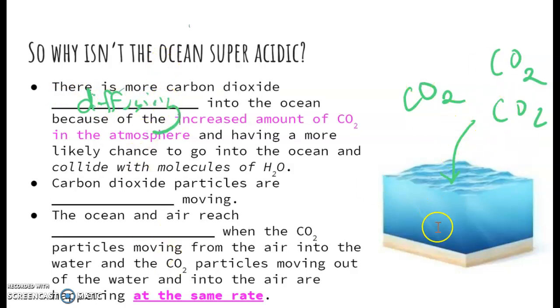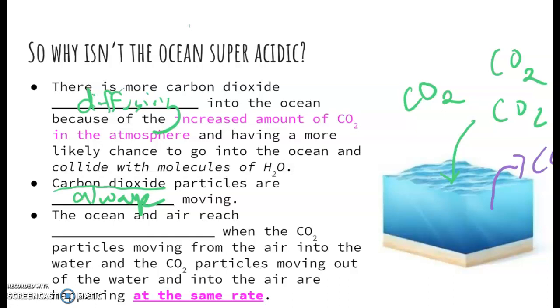And as the carbon dioxide is diffusing, our ocean is becoming more acidic because of the creation of carbonic acid and then the creation of hydronium ions. But carbon dioxide molecules are also always moving. Our carbon dioxide particles are constantly moving. And so as likely as it is for it to come in, CO2 is also leaving our ocean water. So it's going back into the atmosphere.